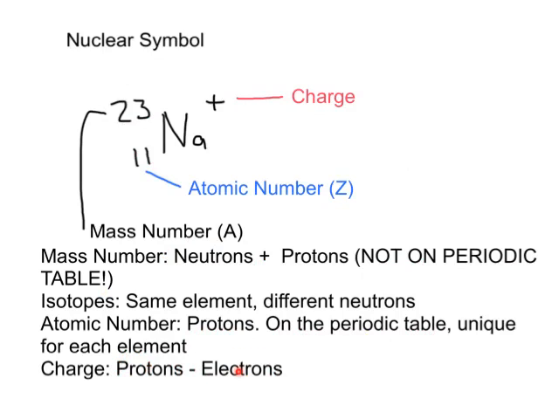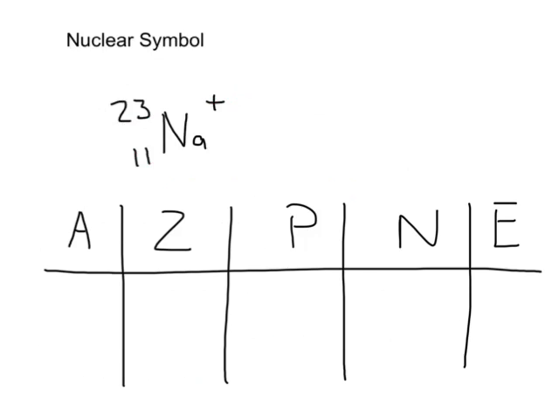So, protons minus electrons. If you have more protons than electrons, you will have a positive charge. If you have more electrons than protons, you will have a negative charge. This number may not always be shown, because if these two are equal and the charge is 0, there won't be anything shown there. So let's do some examples.